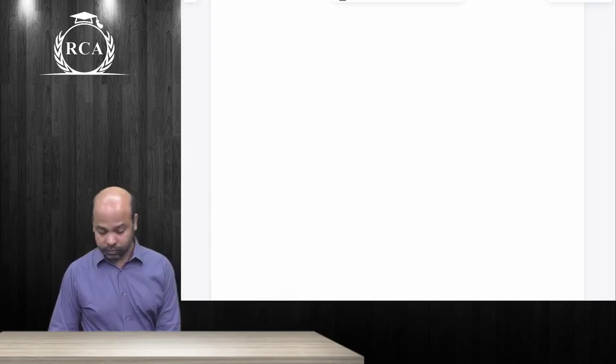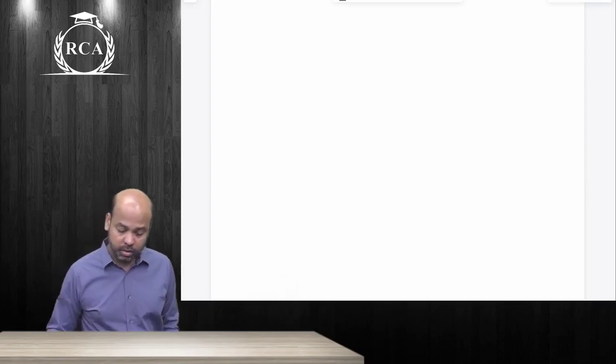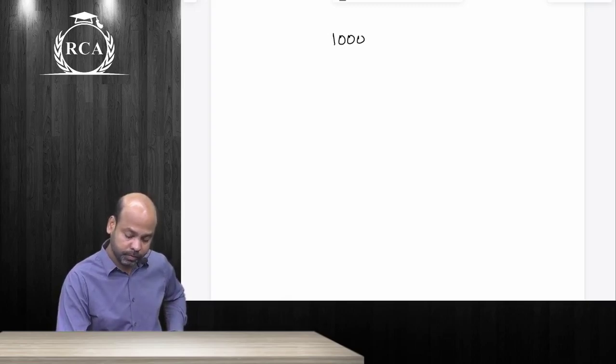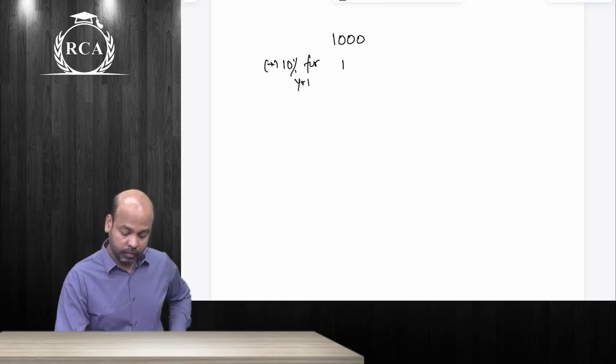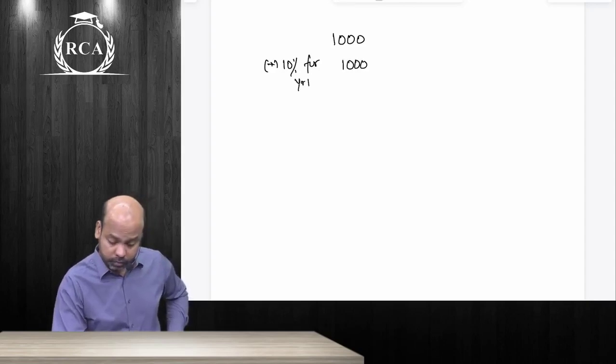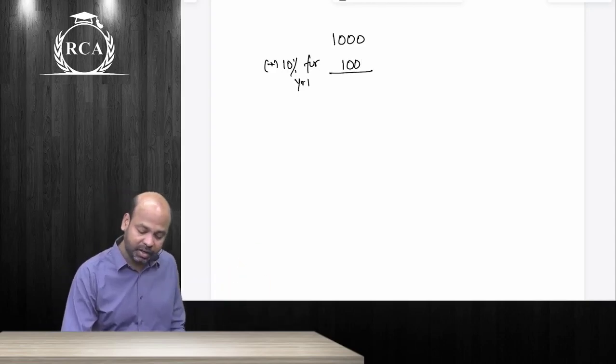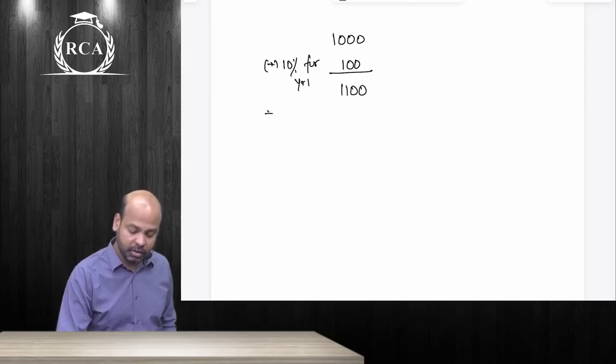Case 2. Under compound interest, the accumulated balance at the end of the third year will be like this, guys. 1000 plus interest for the first year of 100, you will have 1100.